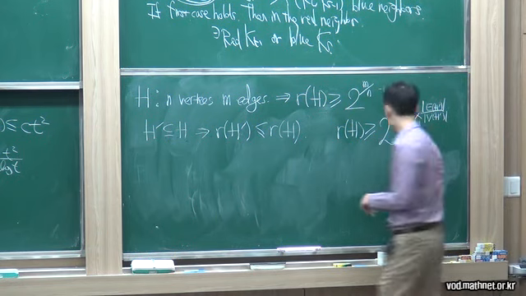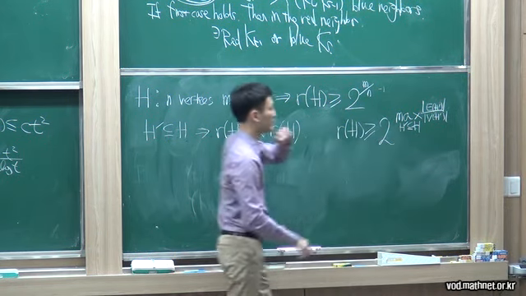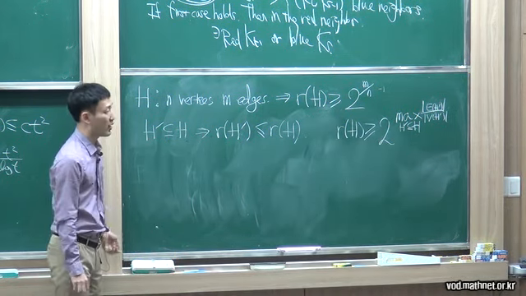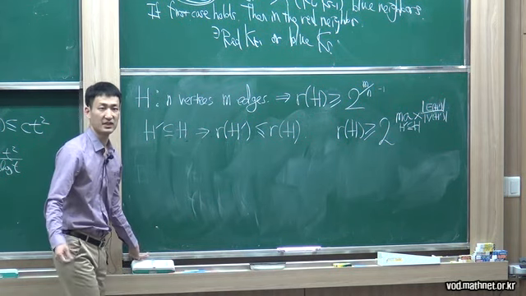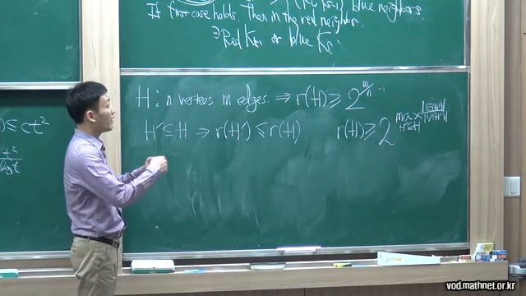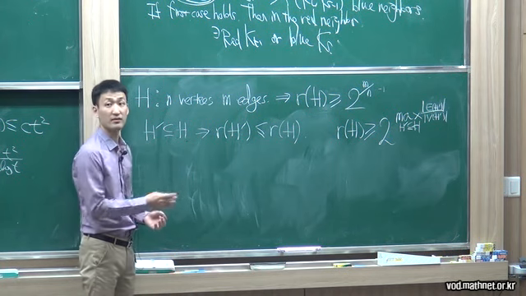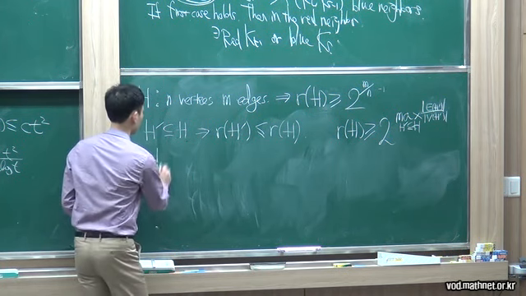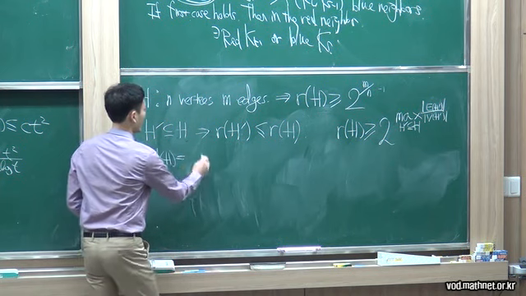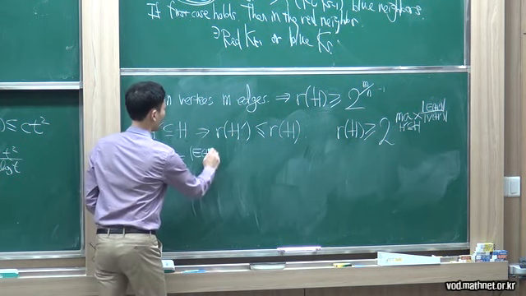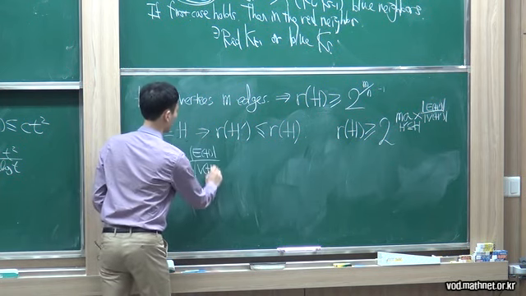So what does this mean? This quantity is an important parameter in graph theory. It's called the average degree, meaning, on average, how many edges is each vertex incident to? So define d of H, the average degree, as the ratio between its number of edges and the number of vertices.